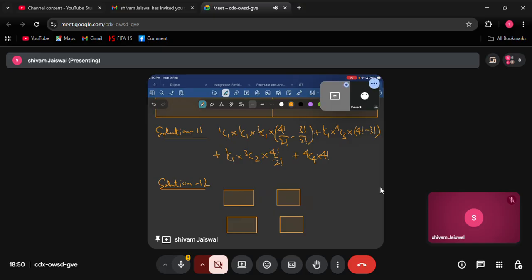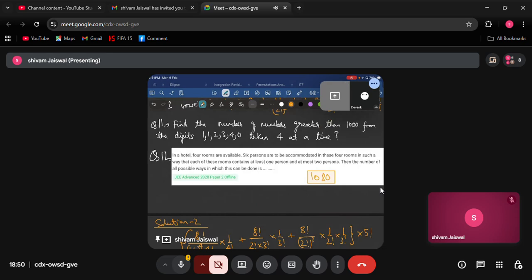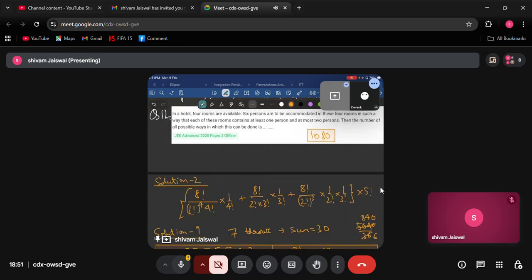So first of all, P1, P2, P3, P4, P5, P6. There are 6 persons. I need to distribute in such a way that a minimum of 1 person is there and a maximum of 2 persons is there.